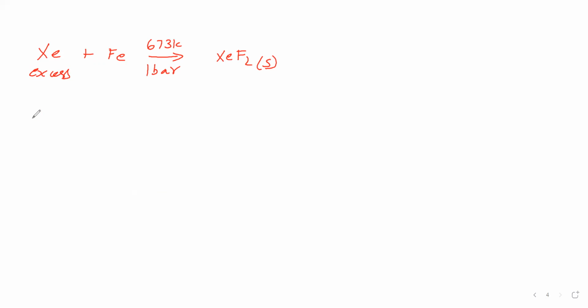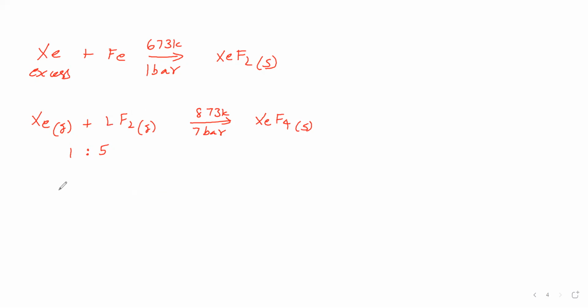Next we take xenon gas and fluorine gas in the ratio 1:5, at a temperature of 873 Kelvin and a pressure of 7 bar. We are getting xenon tetrafluoride.